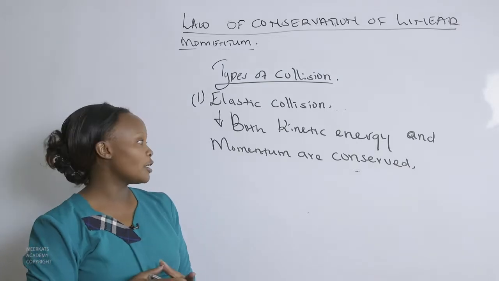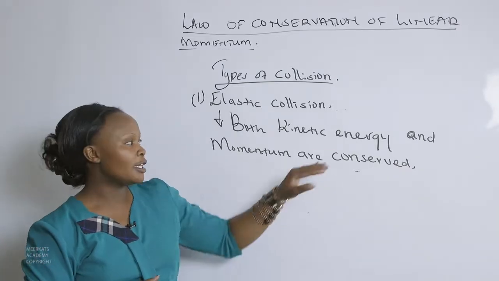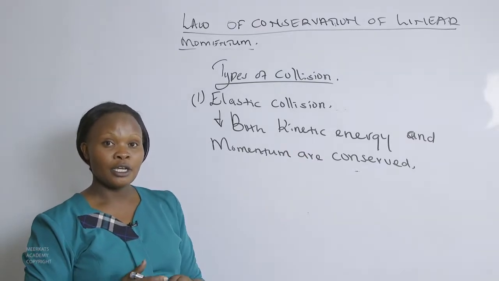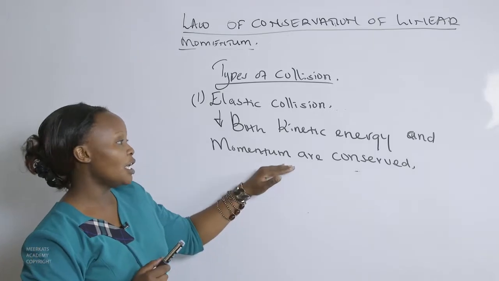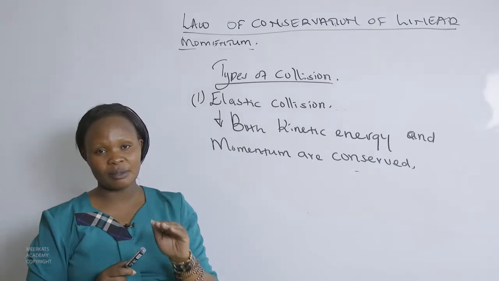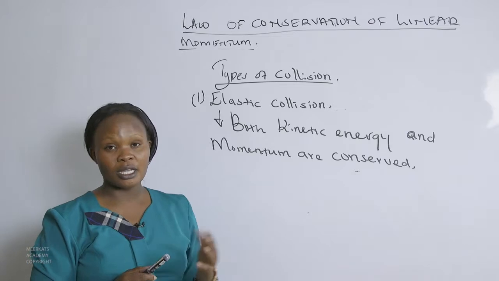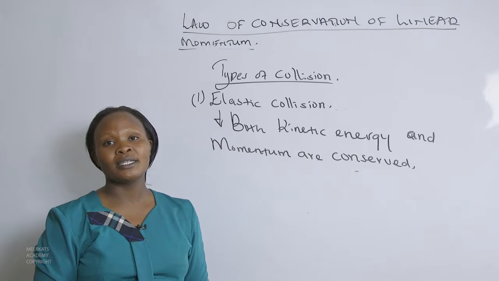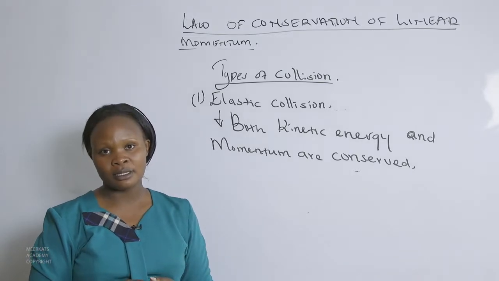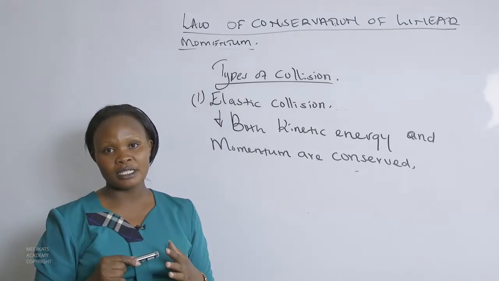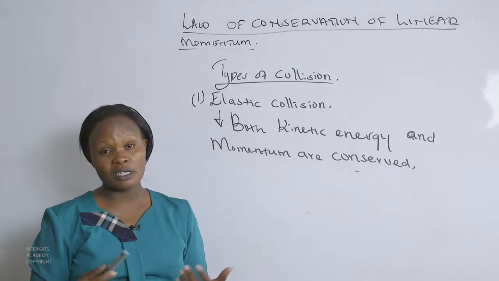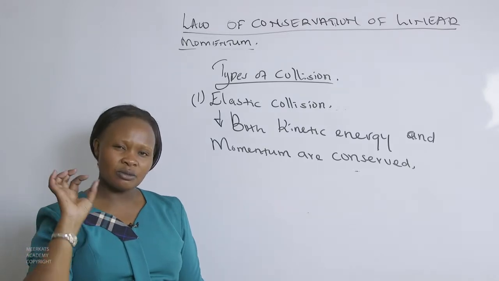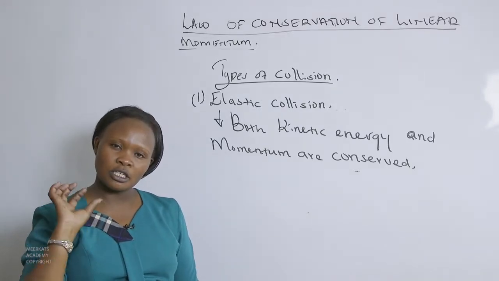Now, depending on the reaction of the bodies, kinetic energy and momentum are preserved. So this one is a case where bodies separate. They move independently at different or even the same velocities or even in different directions, but they do not merge, they do not fuse.